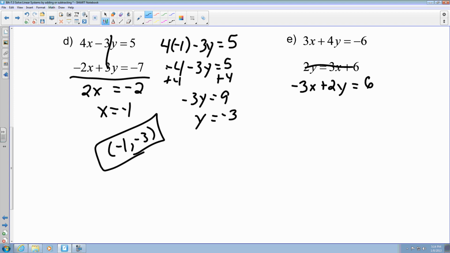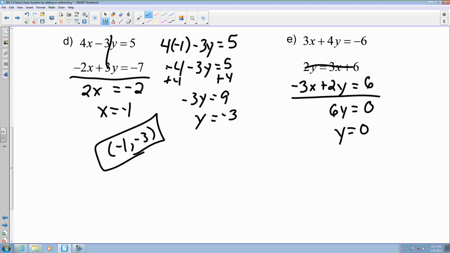I got 3x, I got negative 3x. They're both opposites. That means I'm going to add them. Means I don't have to change the signs. So 3x plus a negative 3x is 0. 4y plus 2y is 6y. And negative 6 plus 6 is 0. So my y equals 0.